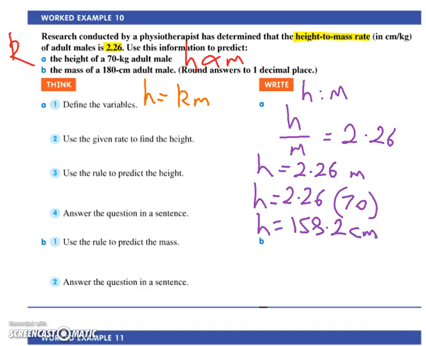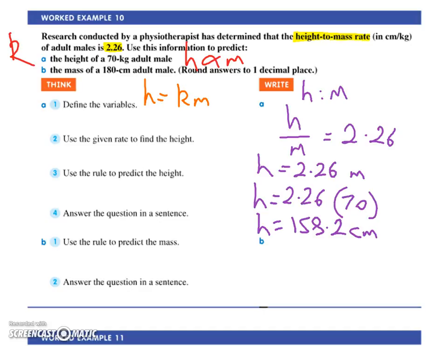Everyone happy with that? Can you see what they've given us this time? They gave us the equation, basically. You had to define the variables, but they already gave you K. So we didn't have to do that initial step of solving for K. Happy with that? All right.